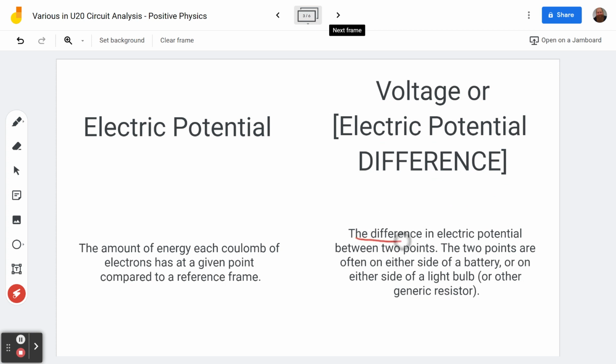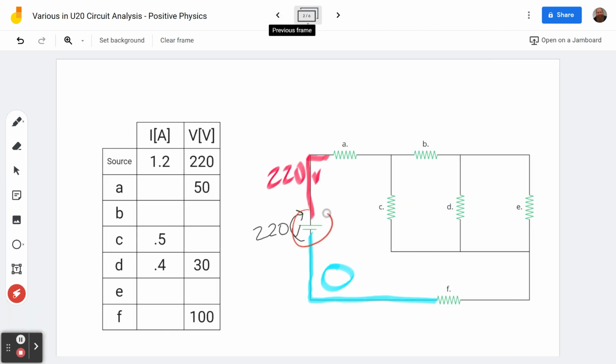So voltage is the difference in electric potential between two points. The two points are often either side of a battery or either side of a light bulb or other generic resistor. So the two sides of the battery, the two sides of a generic resistor, or maybe these are light bulbs, you get the idea.